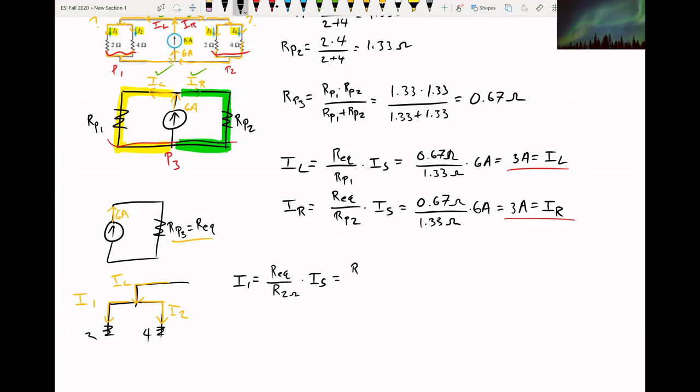This will be R parallel 1 over the 2 ohms times I left, because the source current is whatever's being broken up, and in this case, it's the left current. If we sub those values in, we can drop R parallel 1, put that over R2, then multiply by the 3 amps, and we find that I1 is equal to 2 amps.